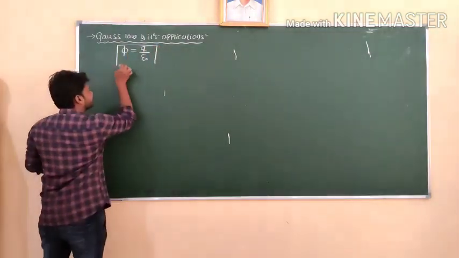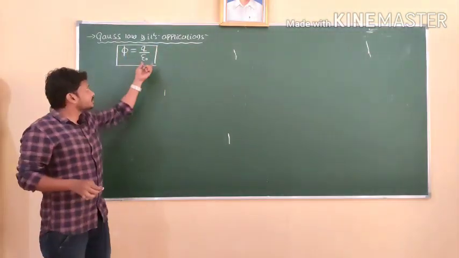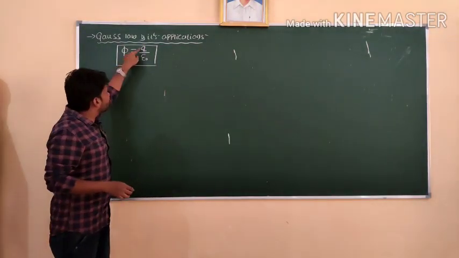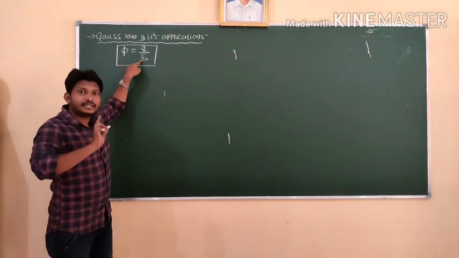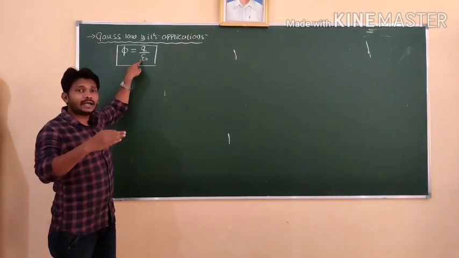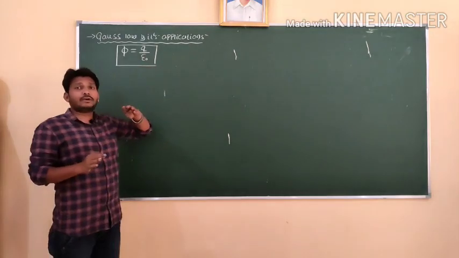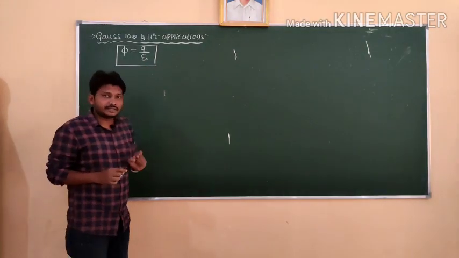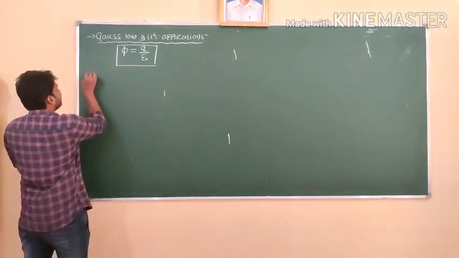Now let me consider what physical meaning we need to understand from this Gauss law. Phi is equal to Q by epsilon naught. It means that electric flux is independent of the shape and size of the body. Whatever the shape and size of the body, the flux value will remain the same. So remember one point here.